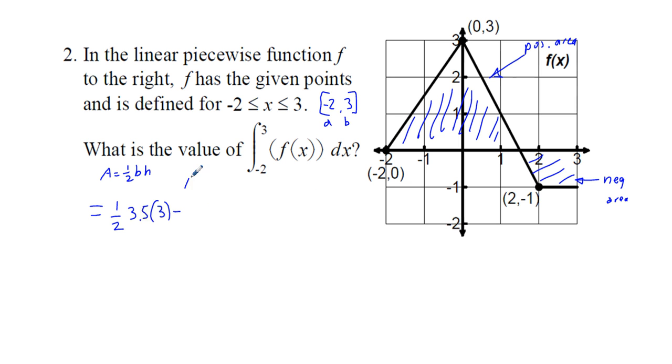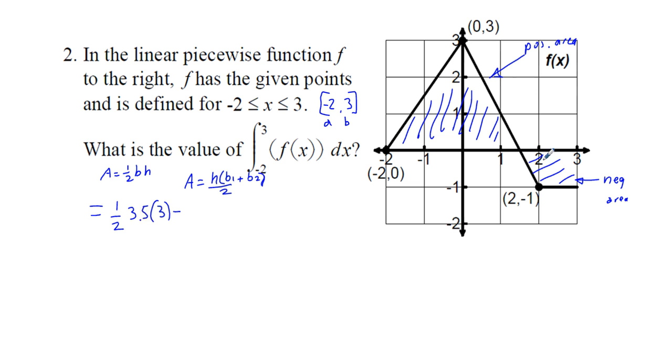The area of a trapezoid is height times base 1 plus base 2, divided by 2. Let's work that out.